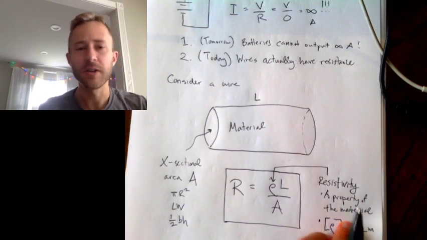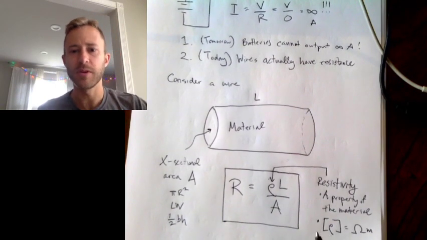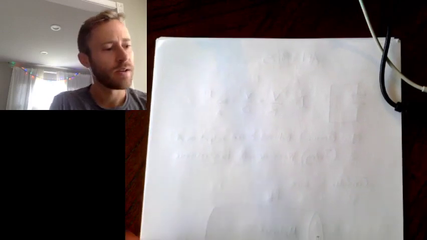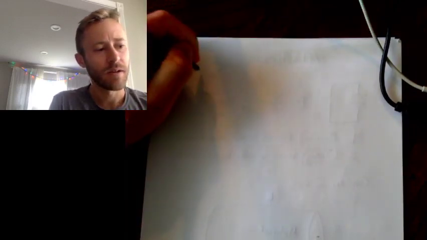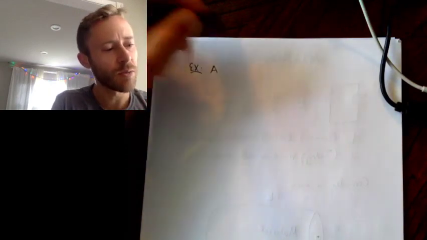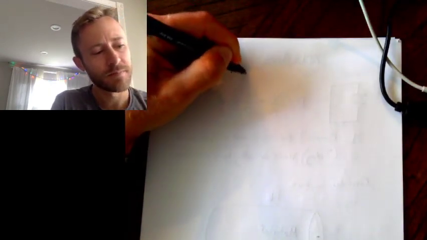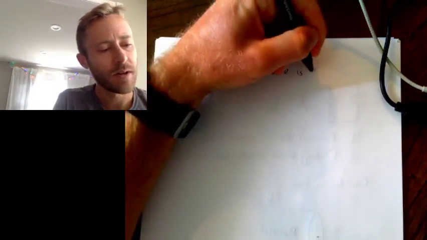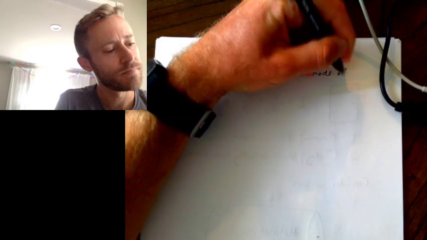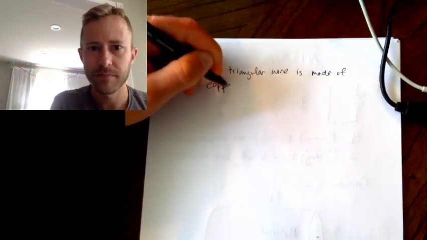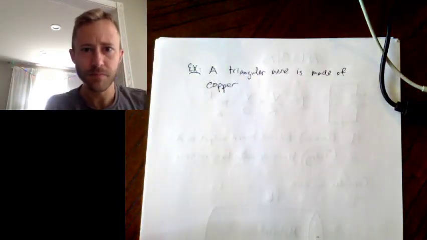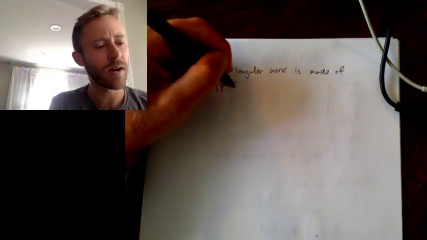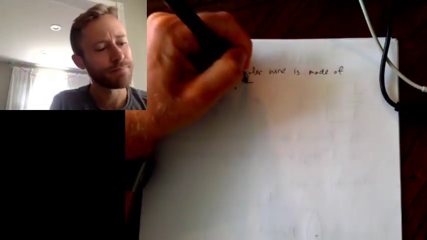So let's do an example with resistivity. Okay? Let's suppose we have a triangular wire made of copper.